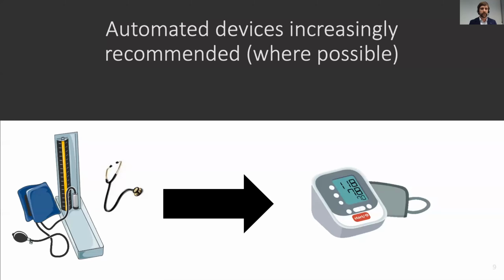That's a mercury auscultation with the stethoscope, or there are also aneroid devices, but the thing with the aneroid devices is that they typically need to be calibrated every 3 to 6 months to make sure they stay accurate. So that's why automated devices are a bit more stable, and there's an increasing move towards them for a number of reasons that we saw in the video. Next slide, please.